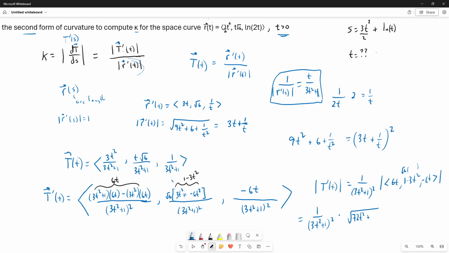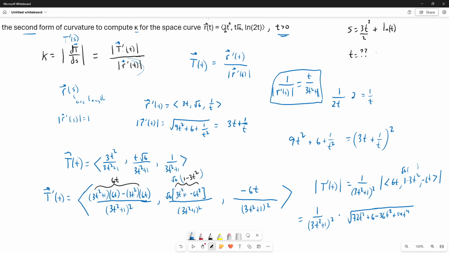So our numerator was the square root of 6 times this quantity. So when we square it, we get 6 times what I had written before, and that was 6 minus, before it was 6t squared, now it's 36t squared, and 9t to the fourth becomes 54t to the fourth after multiplying through by the 6.